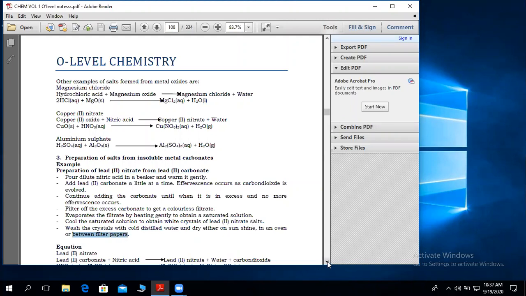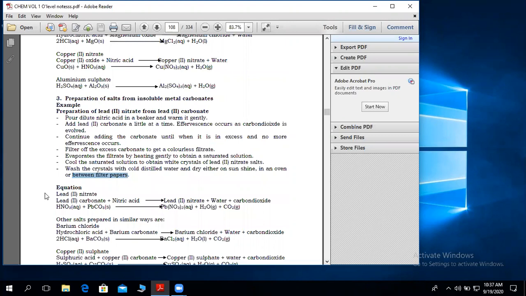And our equation is here. This is exactly what I was telling you. When you have a carbonate, this is lead 2 carbonate, and you add nitric acid, you form lead 2 nitrate. So the salt is lead 2 nitrate plus water plus carbon dioxide.